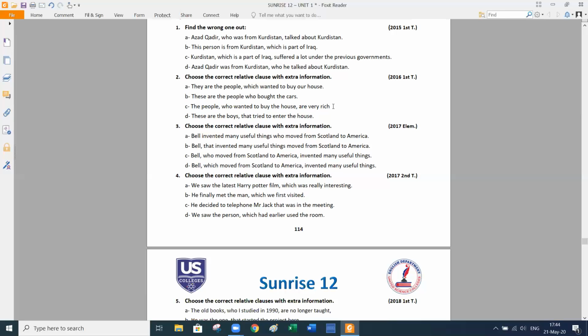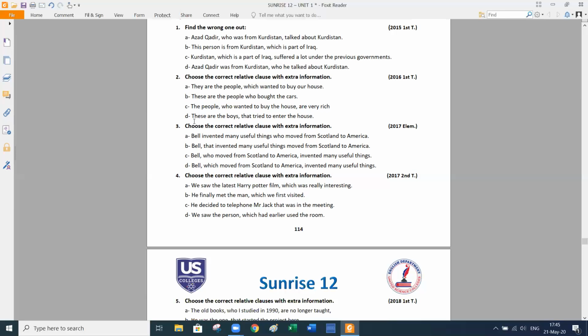According to the rules, this is a correct sentence. But I would say, again, the people here needs to be defined, so it's better to use a defining relative clause instead of non-defining. So I don't mark it immediately as the correct answer. I continue checking the other choices.